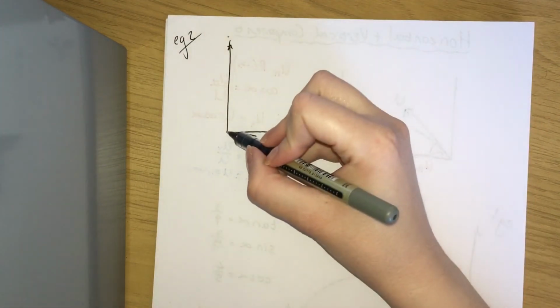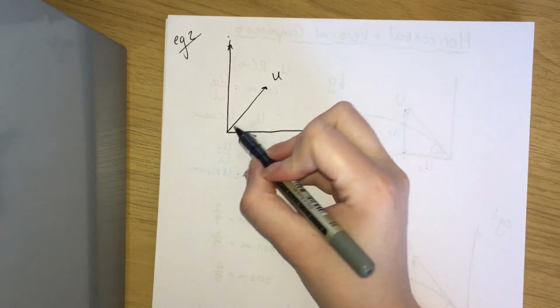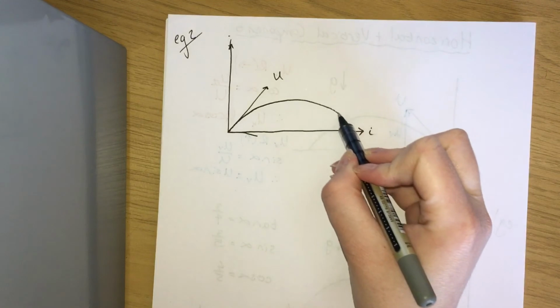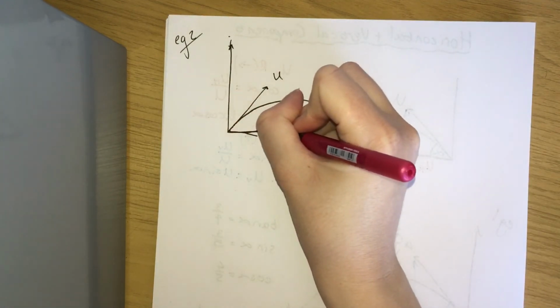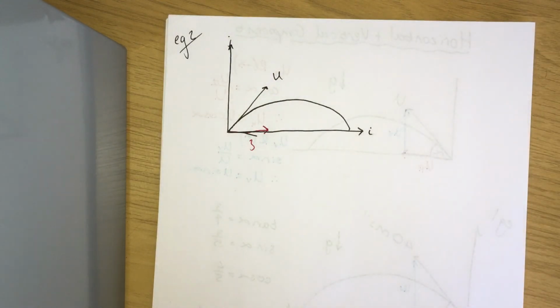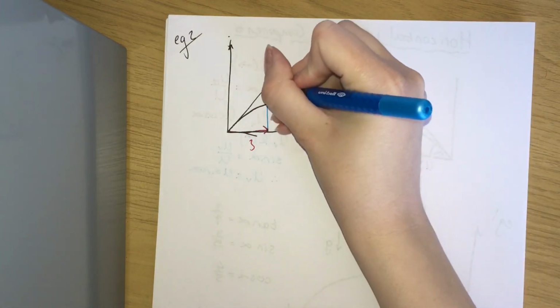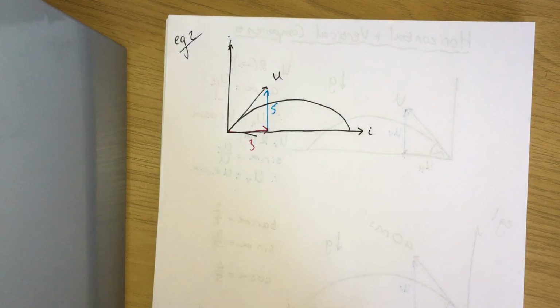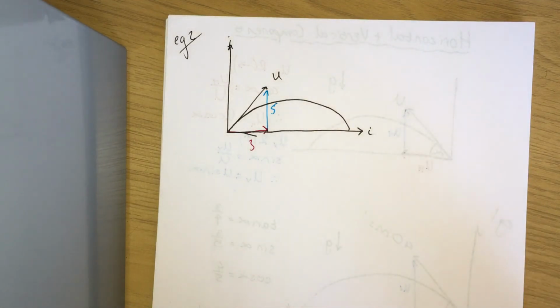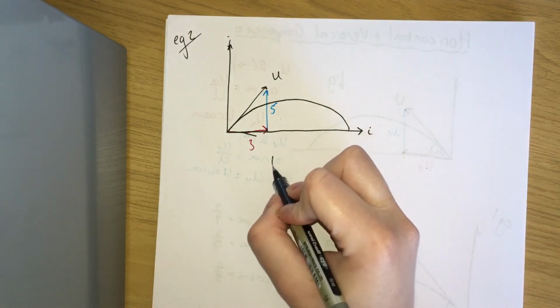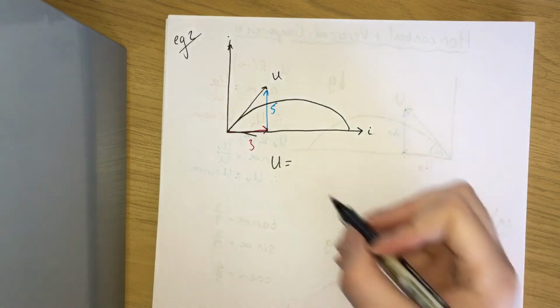Right, so that's u. We don't really know much information about u as a whole. What we do know is that the initial velocity is 3 in the direction of i and 5 in the direction of j. So because we know that this is a right angle triangle, we can work out the initial speed simply using Pythagoras.